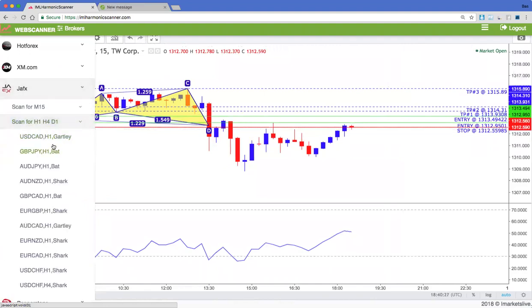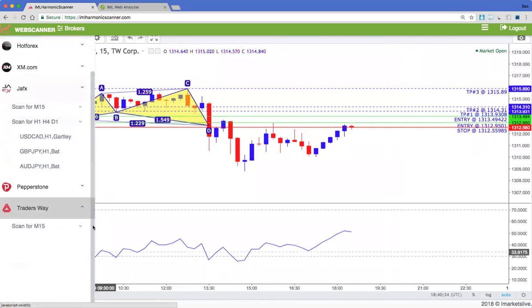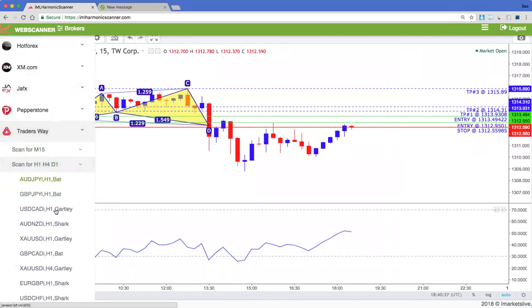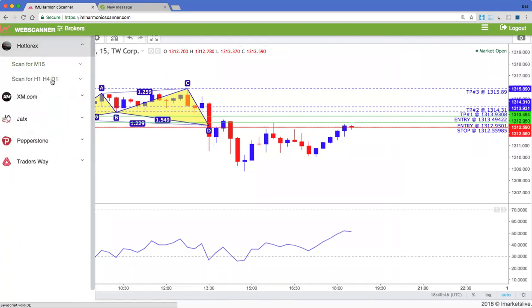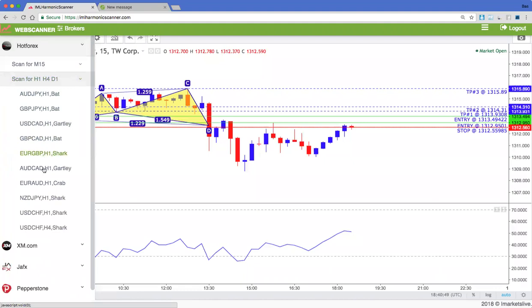Okay. Let's see what else we have. We had GBP New Zealand dollar this afternoon. Let's check where we found it. I don't see it here anymore for now.